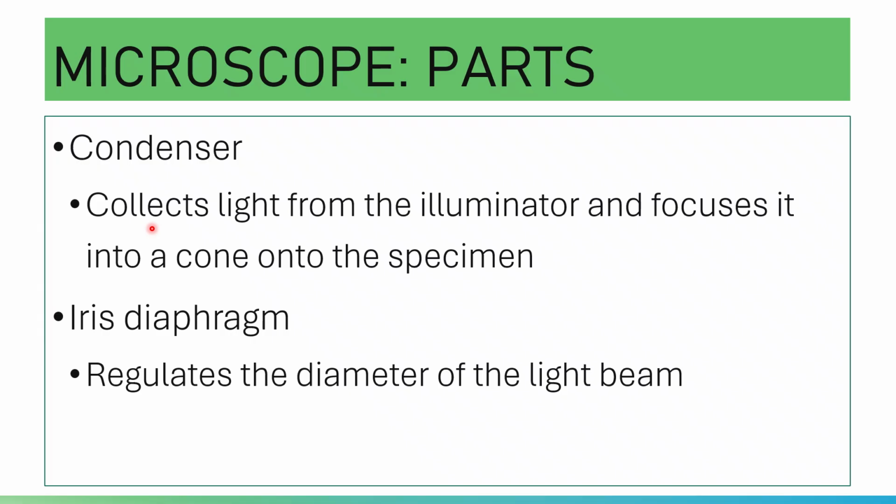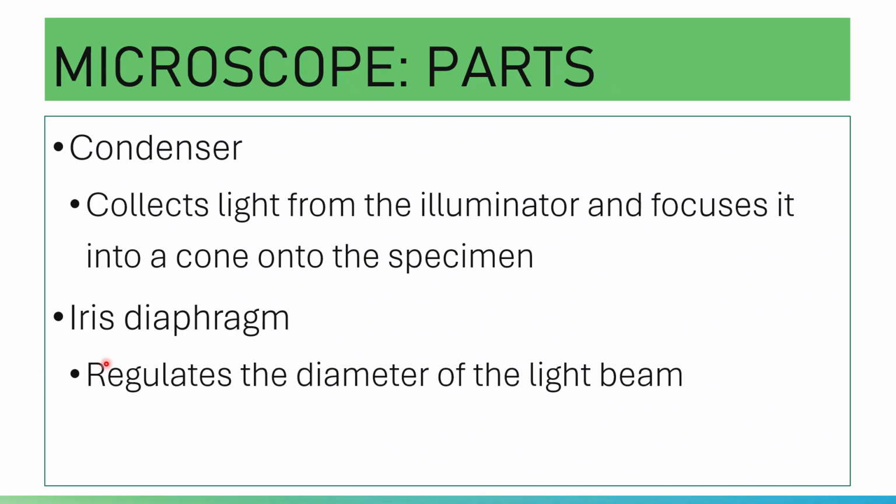It collects light from the illuminator and focuses it into a cone onto the specimen. Please note that proper condenser height is essential for optimal resolution and contrast. Again, your condenser focuses light to the specimen.